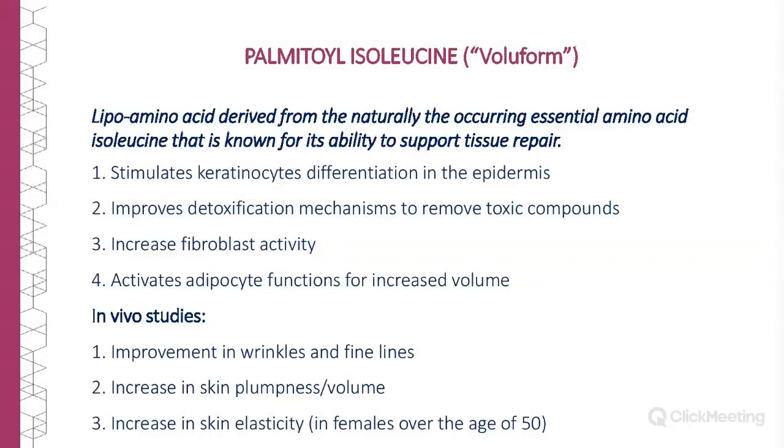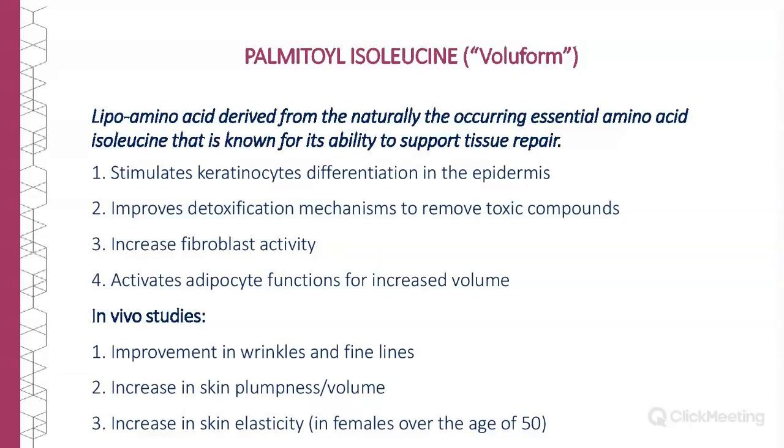make new collagen. Palmitoyl isoleucine, also known by its proprietary name, which you can research, called Voluform, is a lipoamino acid and has perhaps one of the best track records in terms of topical skincare ingredients for menopausal skins. It stimulates the proliferation of keratinocytes in the skin, which means that it enhances cell renewal.